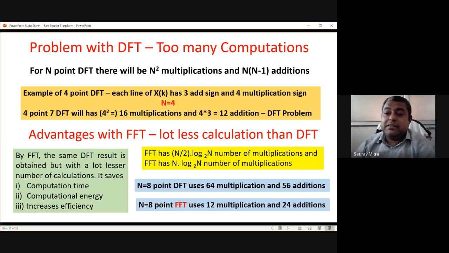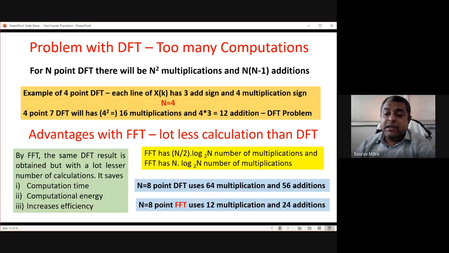So if it's a battery-charged device, maybe a sensor node deployed in a jungle, and the microcontroller or DSP processor in that node is supposed to perform a DFT, then more than DFT, an FFT algorithm has to be embedded in that microcontroller node.